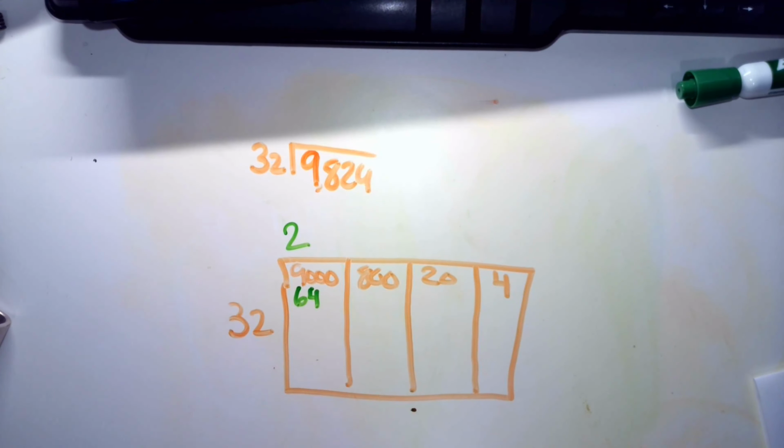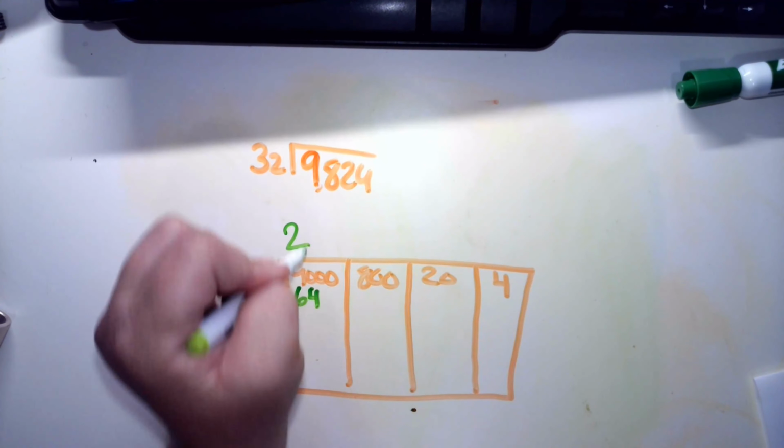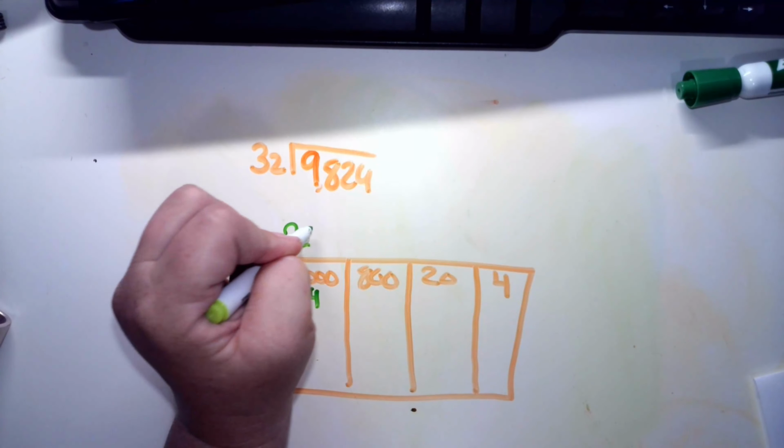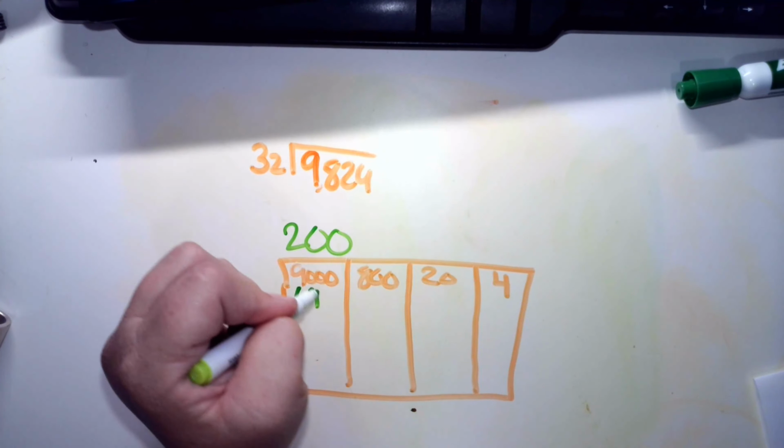And I told you I want to get really close to 9,000, and 64 is super far away from 9,000. So if I just did 32 times 2, it's going to take me a really long time to solve this problem. But what happens if I do 32 times 200? I add those 2 zeros.